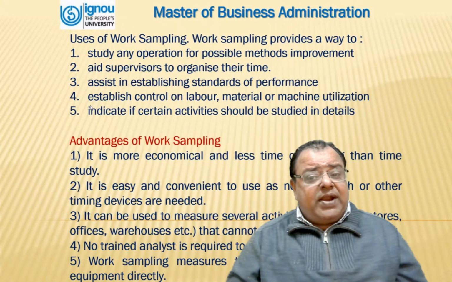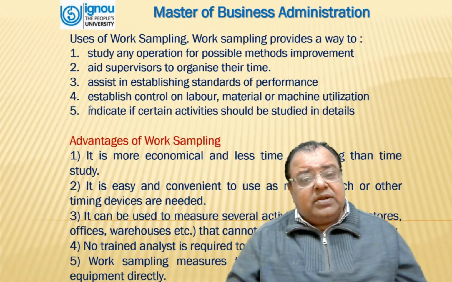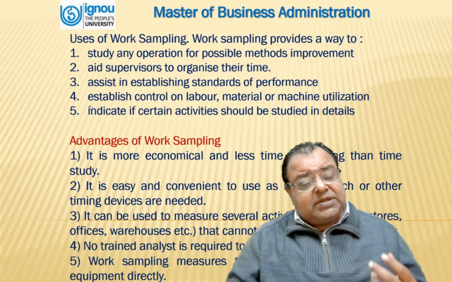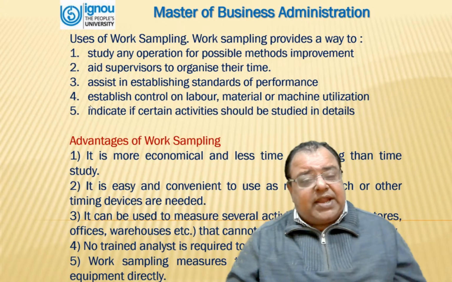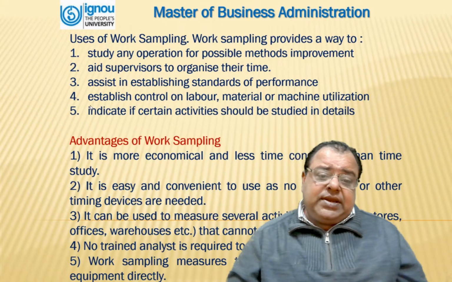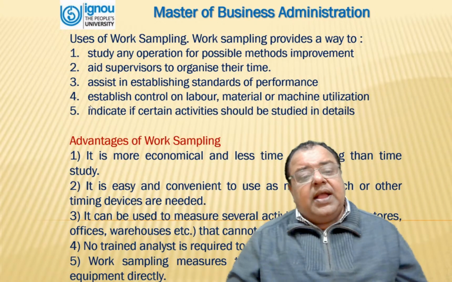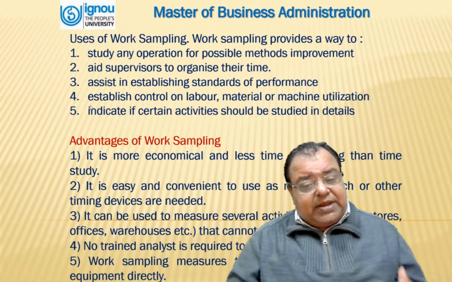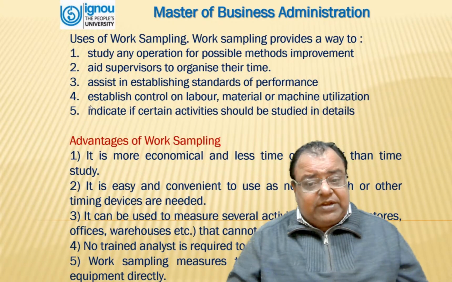Work sampling provides a way to study an operation for possible methods improvement, aid supervisors to organize their time, assist in establishing standards of performance, establish control on labor, material, or machine utilization, and it indicates if certain activity should be studied in details.